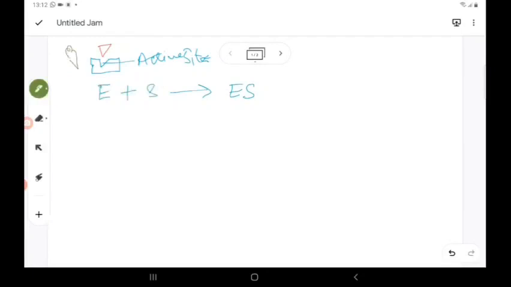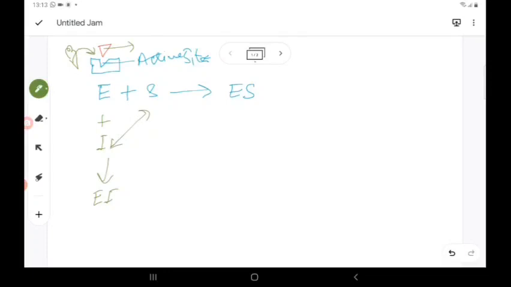Suppose it is like this. So what happens? Instead of this substrate, this inhibitor will bind over this active site and the substrate will not be able to bind with this active site because the active site is not available. So it will bind with the inhibitor and form an enzyme inhibitor complex. So there is a competition between substrate and inhibitors. That's why it is known as competitive inhibition.